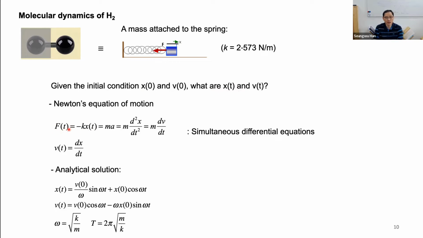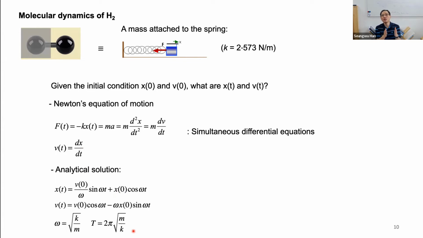The first one is F equals ma, as minus Hooke's law, and this is the second derivative of the position, the first derivative of the velocity, and the velocity is the derivative of the position. And therefore, you have a set of simultaneous differential equations. Okay, and we know that the solution can be obtained analytically, and this is x and v. With the initial conditions, it is harmonic vibration with angular frequency and also the period.